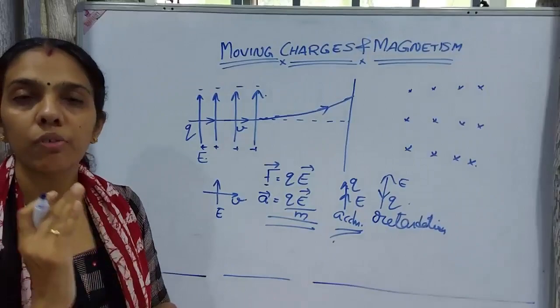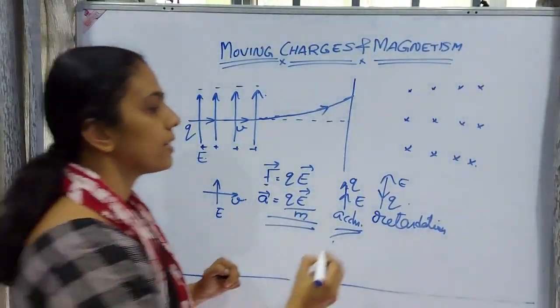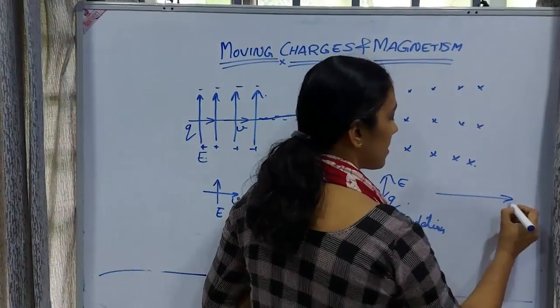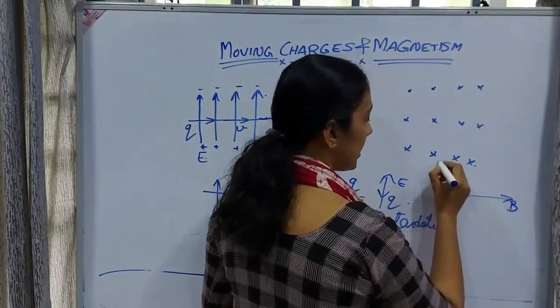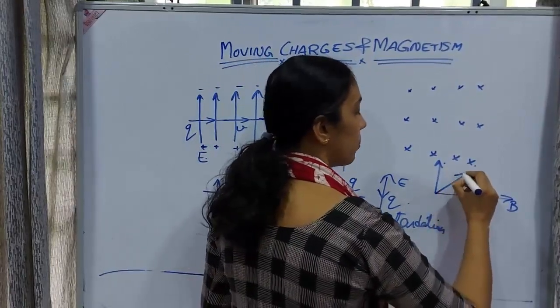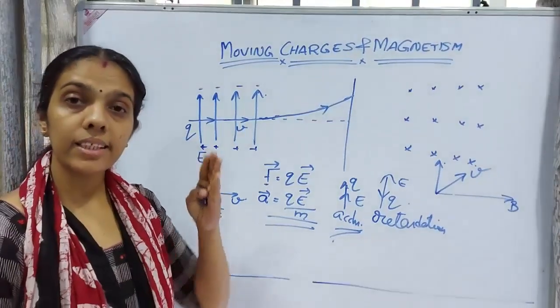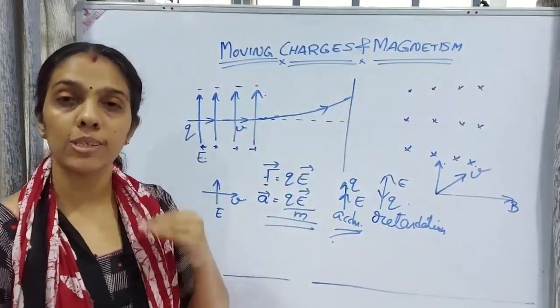Then it will follow a helical path. What is the reason? See here, this is the magnetic field which is present and this is the y-axis. Here a particle is entering this magnetic field with a velocity V.